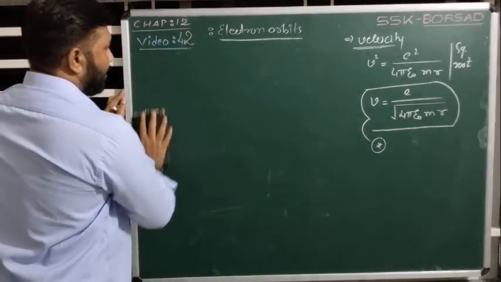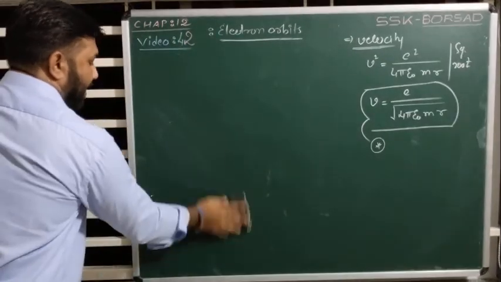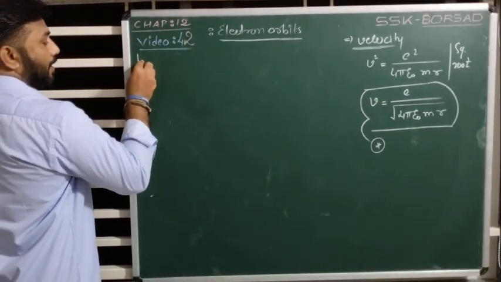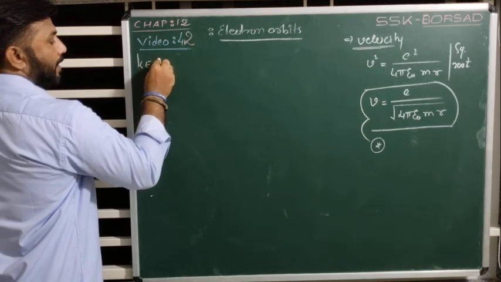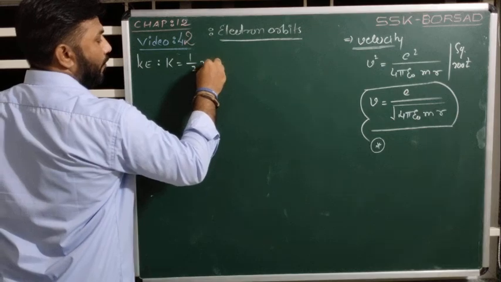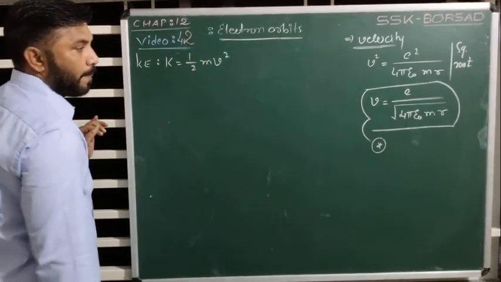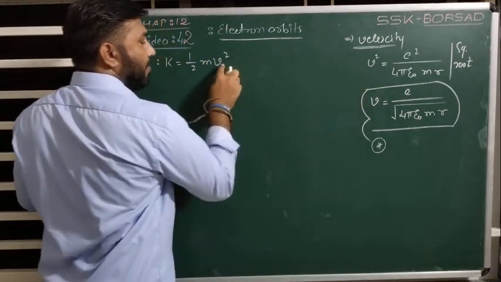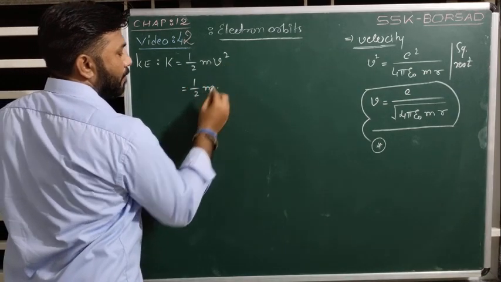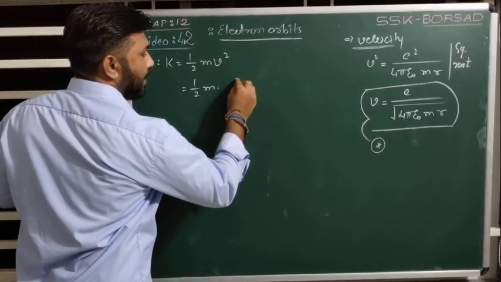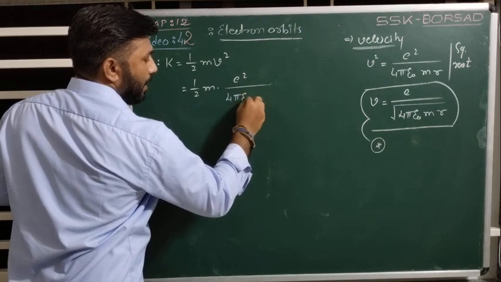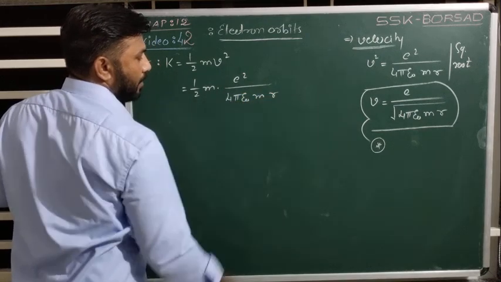So we are taking this equation. Why? Because we know the equation of kinetic energy from the ninth standard. So kinetic energy is nothing but K is equal to 1/2 m v square. V square is here. Put the value of v square. So you will get 1/2 m multiplied by v square, that is e square upon 4 pi epsilon 0 m r.